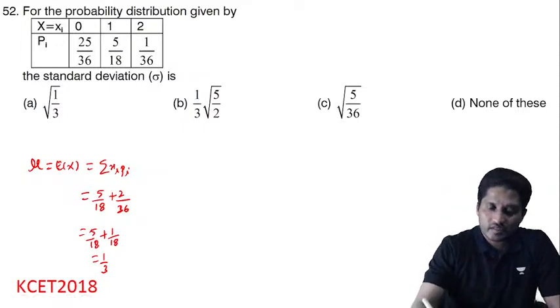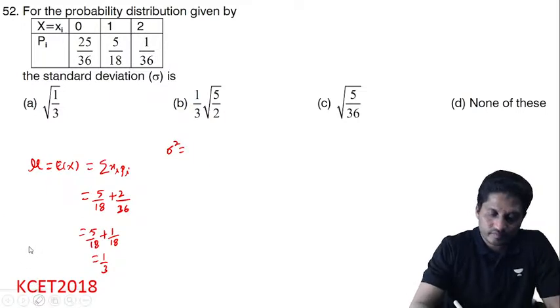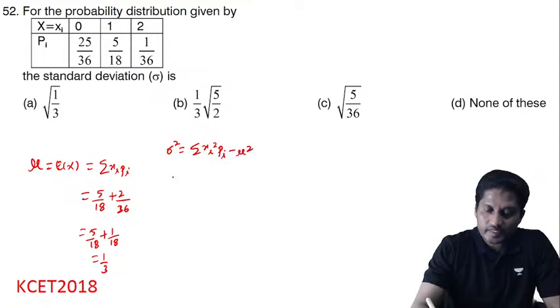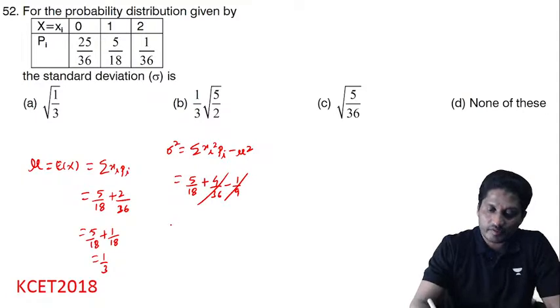Right, now variance is equal to summation xi square pi minus mu square. Square xi multiply pi, 5 by 18. Square xi, that is 4 by 36 minus mu square is 1 by 9. Anyways, 4 by 36 is 1 by 9, will cancel with 1 by 9.